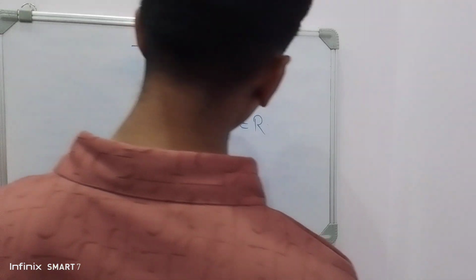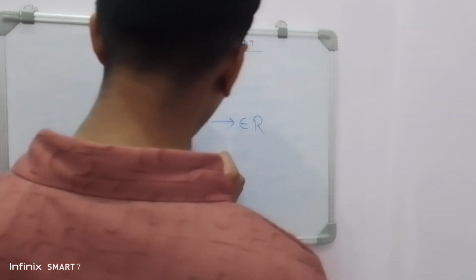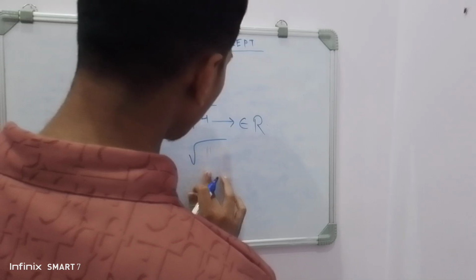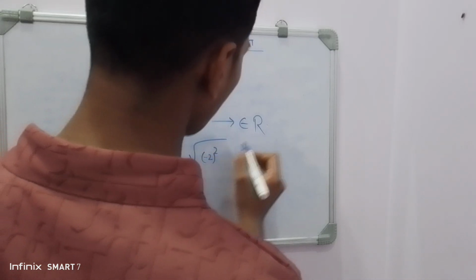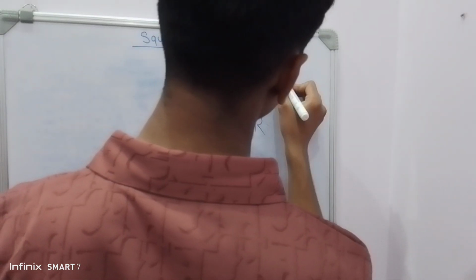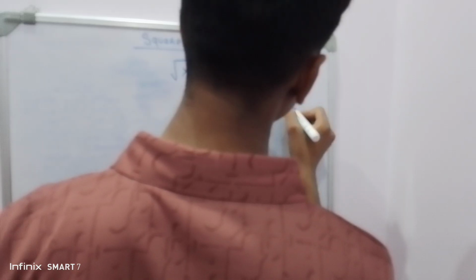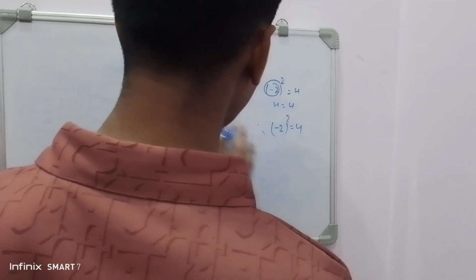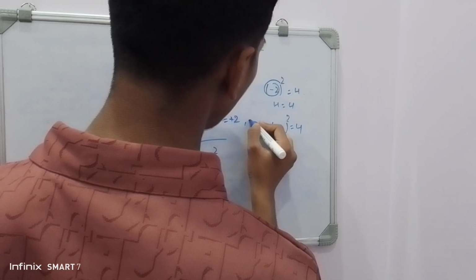Now another confusion: let's suppose we have the square root of 4, which can be written as the square root of minus 2 whole square, because minus 2 square is equal to 4. So minus 2 square is equal to 4, and as we know the answer of the square root of 4 is only plus 2, not minus 2.